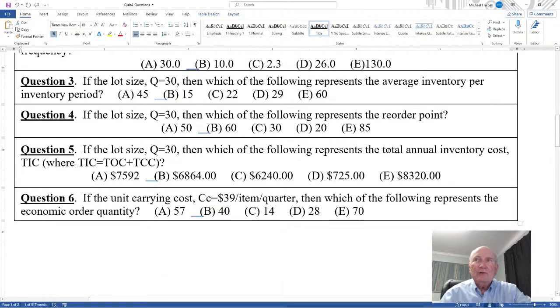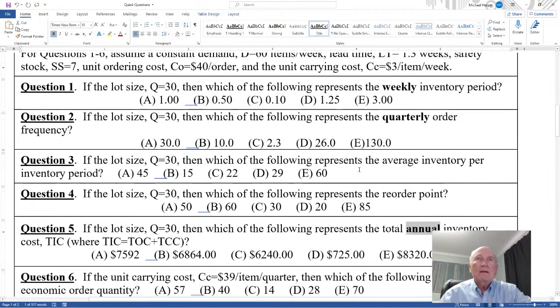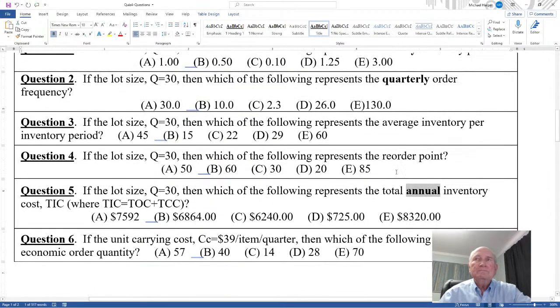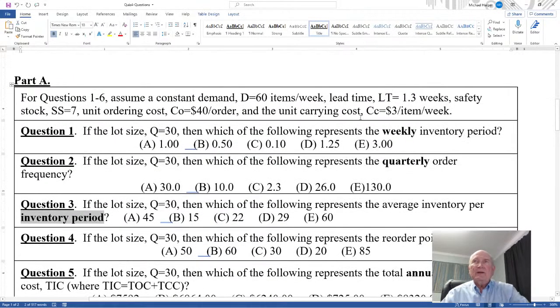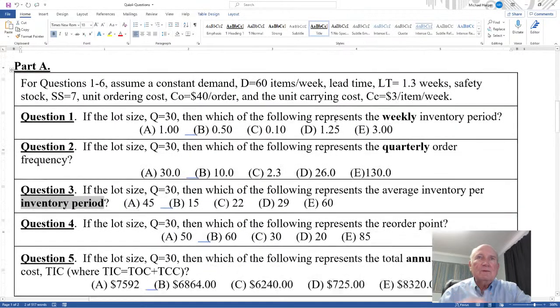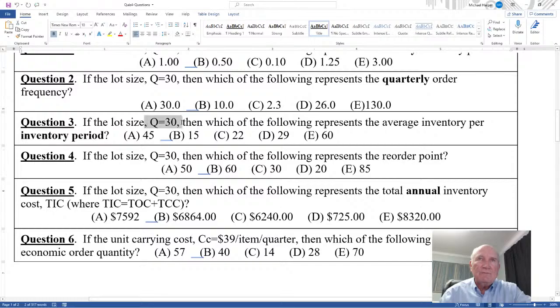The total annual inventory cost. Let me just bold the annual. Okay. This is average inventory per inventory period. So the time there is inventory period. So let's just bold that. Okay. And the inventory period up here is based on the Q equals 30.